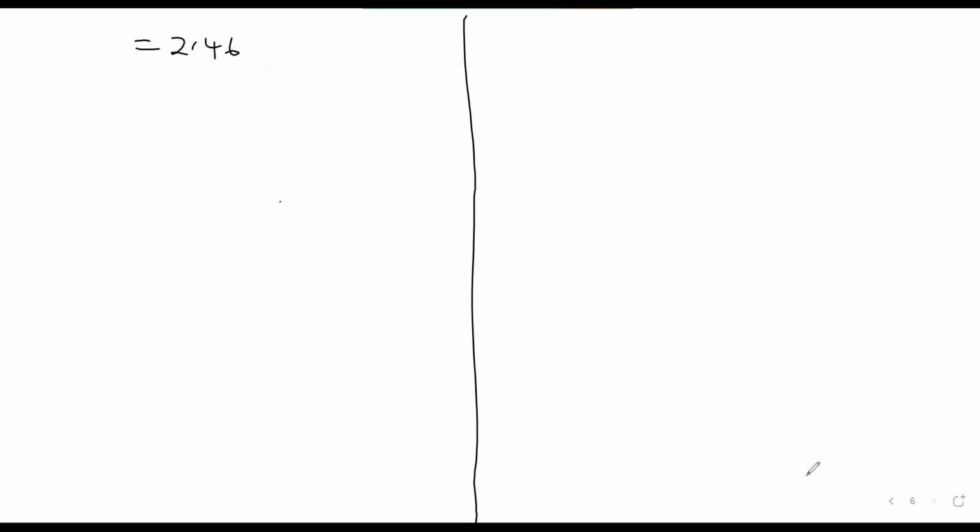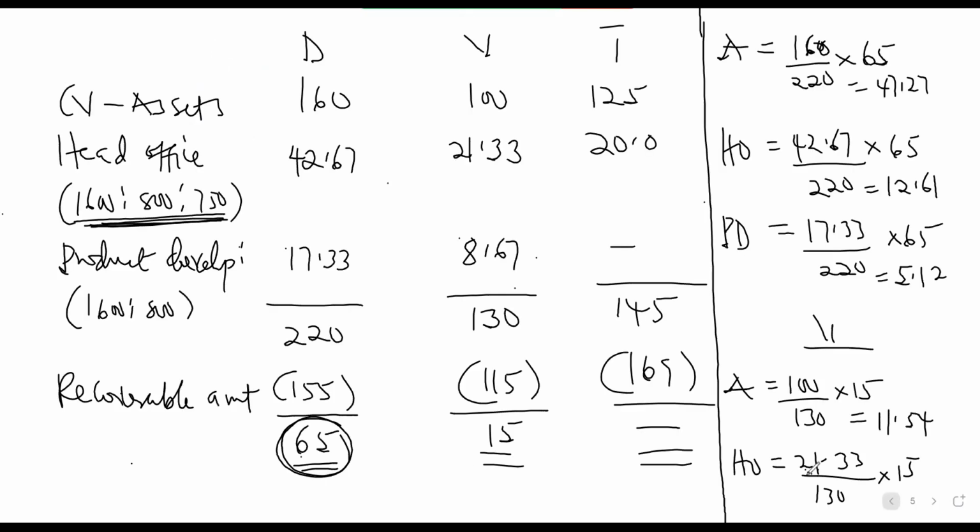And the last one, which is the department, will be 8.67 divided by 130 times 15, which is 1. So I hope we can now determine the carrying values after the impairments. The asset itself will reduce by 47.27. So what we just did is the share of the impairments, the 65.